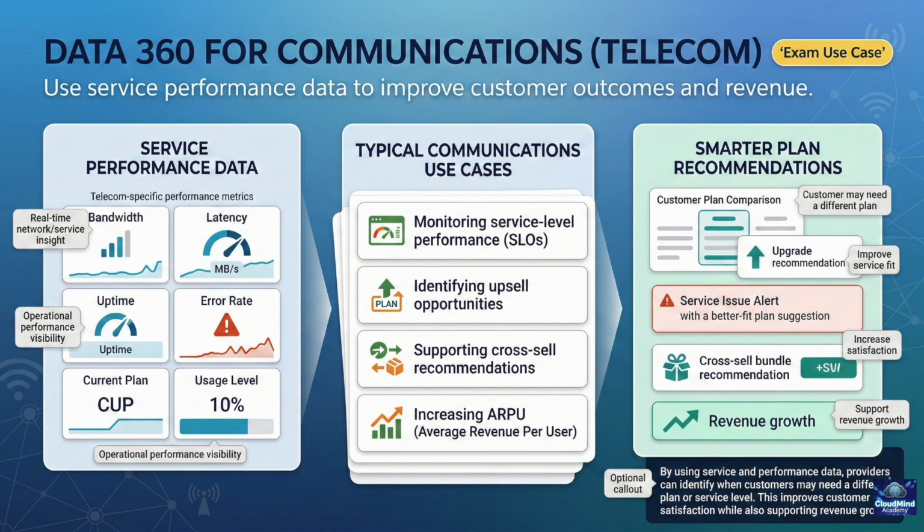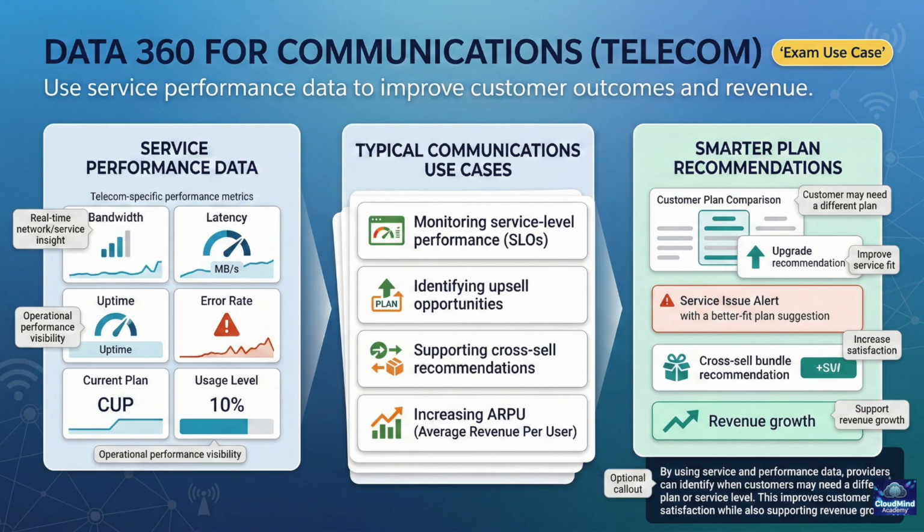Data 360 for communications, telecom. In communications and telecom, Data 360 can be used to monitor service performance and improve commercial decisions. Typical communications use cases: monitoring service level performance, SLOs, identifying upsell opportunities, supporting cross-sell recommendations, and increasing ARPU, average revenue per user.